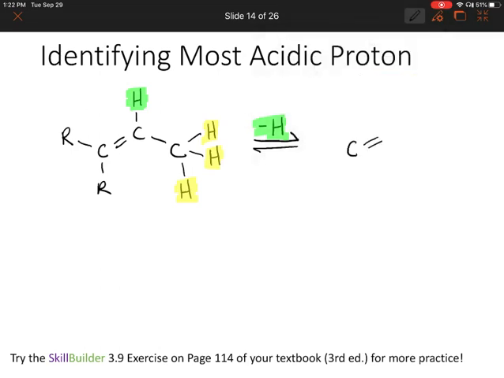We would end up with this molecule here, and a lone pair would be left on the central carbon. Now, that carbon is gaining an electron in that process, so it becomes negatively charged. And now let's look at what happens if we remove a yellow hydrogen.